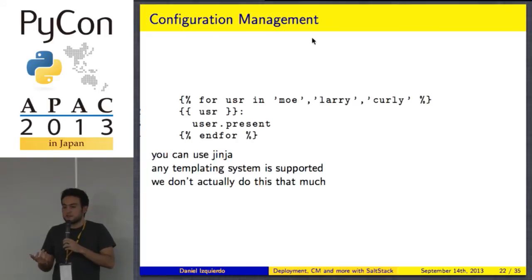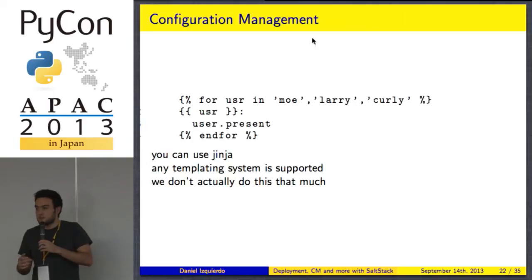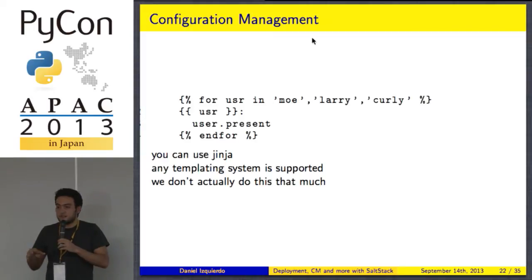An interesting thing about Salt is that Salt cares only about a final data structure that defines how the configuration must look. But you could use any templating engine or even any markup language, like you could use XML instead of YAML to define your configuration. And the important thing is that the final output compiles to a data structure that Salt understands.